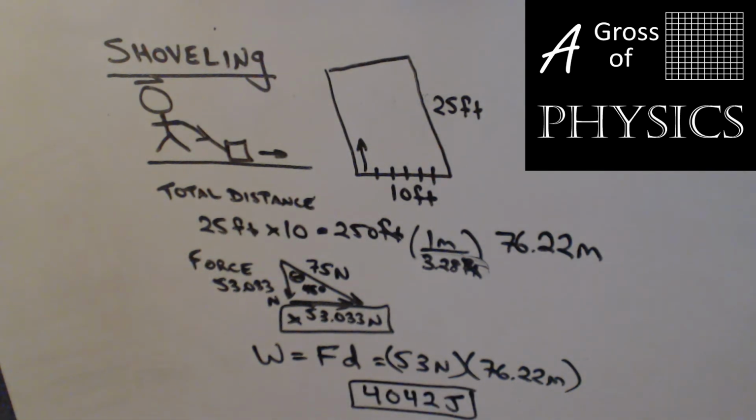Now, if you remember, the value of the essay was around 13. 13 joules to type an essay, 4,042 joules of physics work to shovel the driveway. If you have a bigger driveway or you have heavier snow, it's going to require even more.